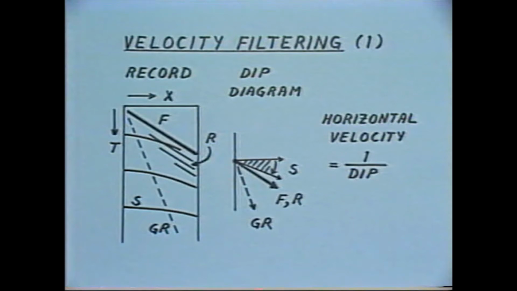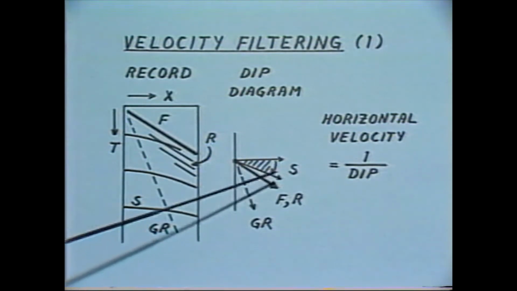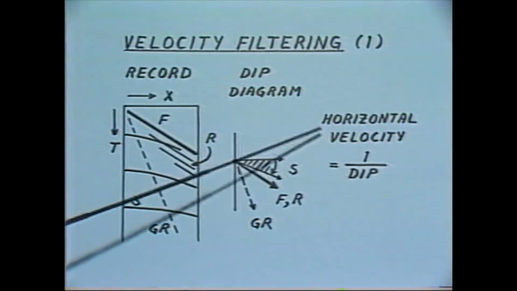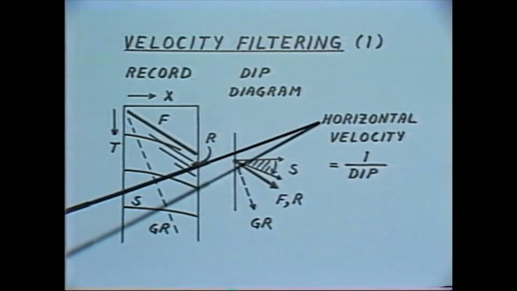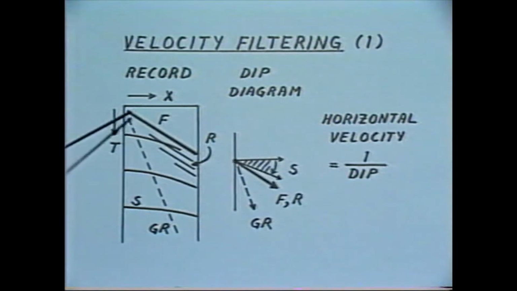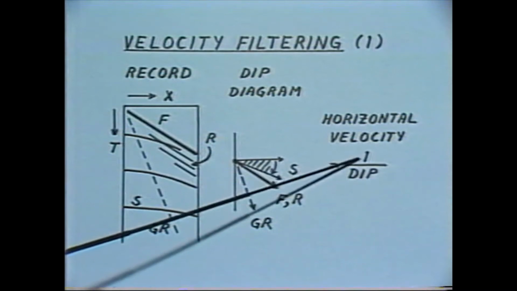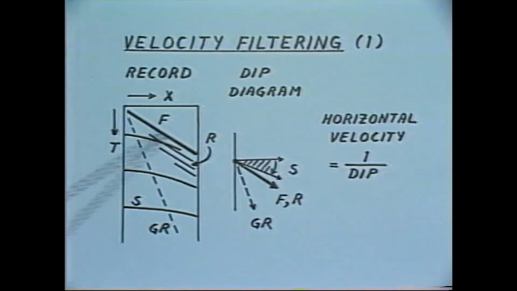And that process is called velocity filtering. The name velocity is used because horizontal velocity, or strictly speaking it should be apparent horizontal velocity of travel across the seismic record, is simply the inverse of the dip. Velocity would be distance divided by time, and dip would be time divided by distance.